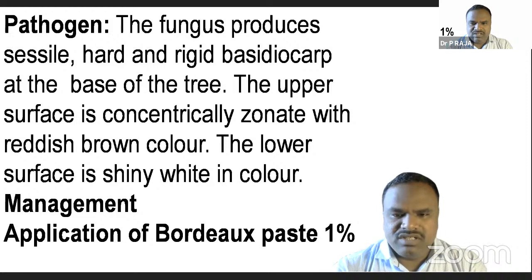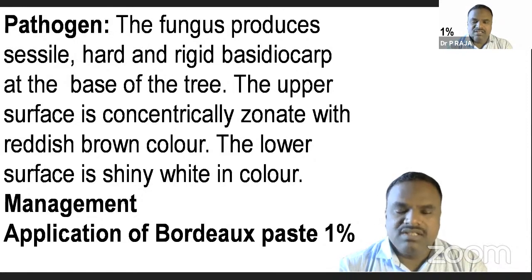So for management, if it is the early stage, we have to scoop it out, or we can remove the basidiocarps and apply Bordeaux paste. And if it is at a later stage, we can also go for Bordeaux mixture application in the soil in a semicircle fashion, as I have explained previously.